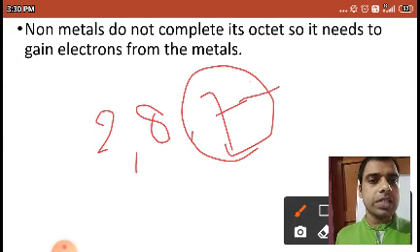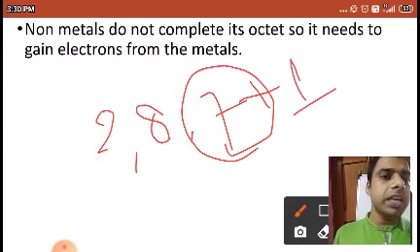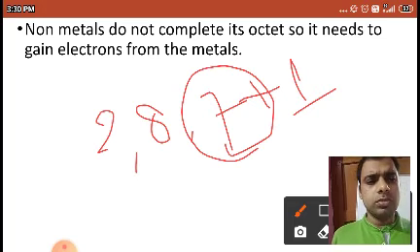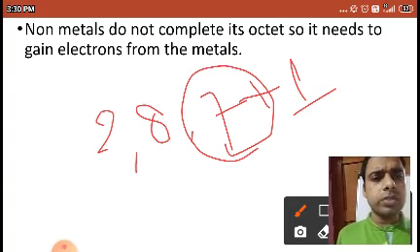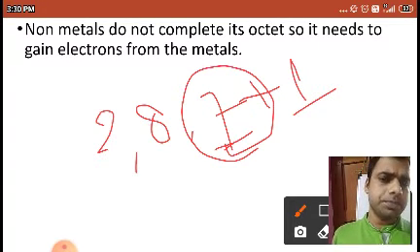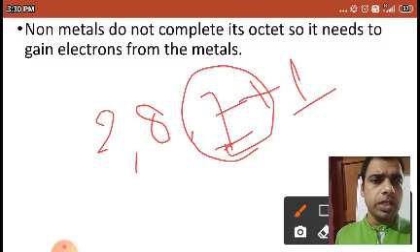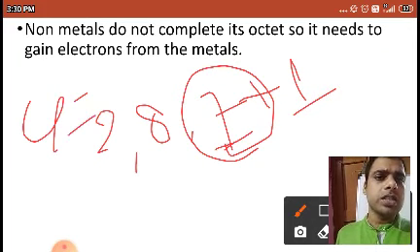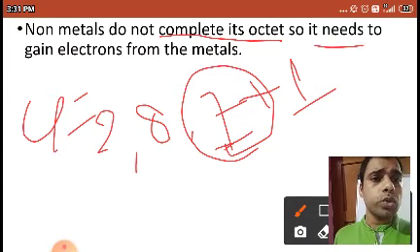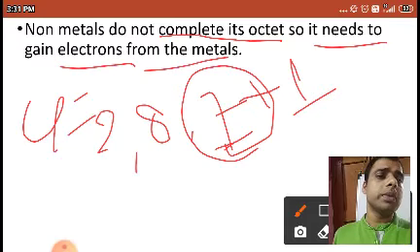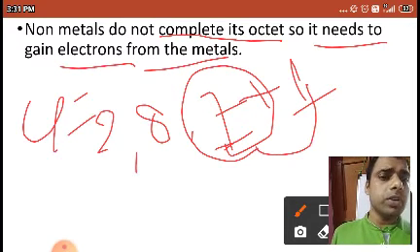So it will try to gain, and from where will it gain? It will gain from the sodium. Whoever loses 1 electron, it will gain 1 electron. Chlorine is a non-metal, you know, and does not complete its octet, so it needs to gain electrons from the metals. So it has gained one electron.